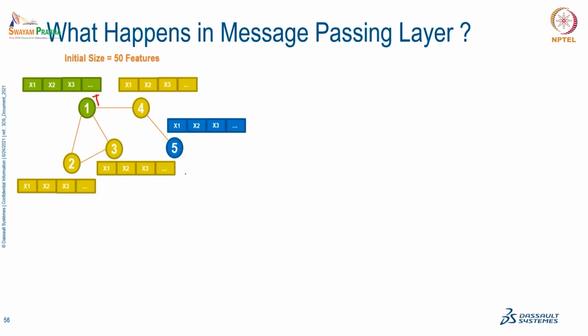Consider an example of a male and female graph, or a social network graph. Then there would be features like height and weight of a person, their relationship with another person, something like that.